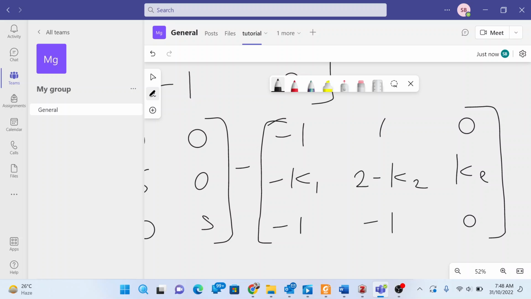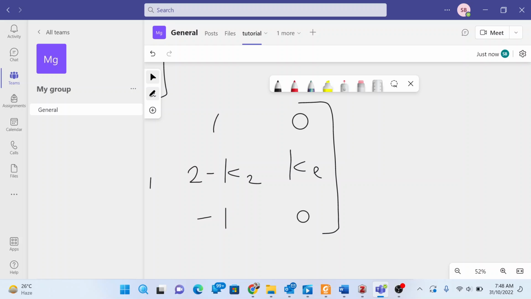When we subtract these two from each other, we are going to get S plus 1, then minus 1 and 0.